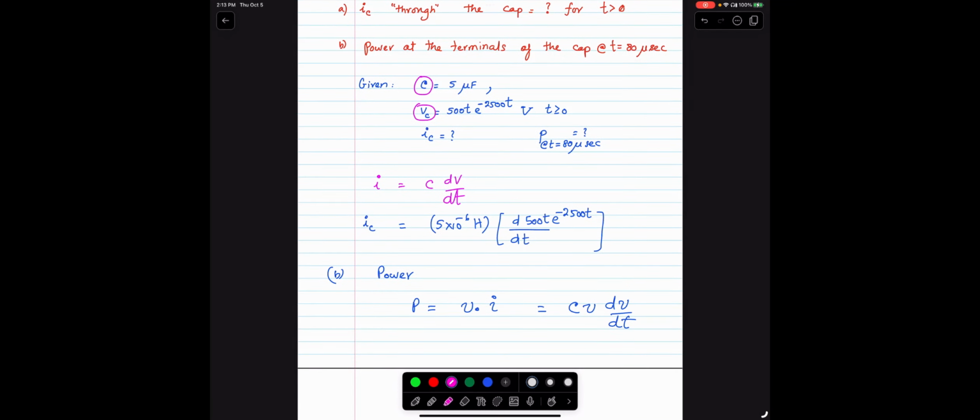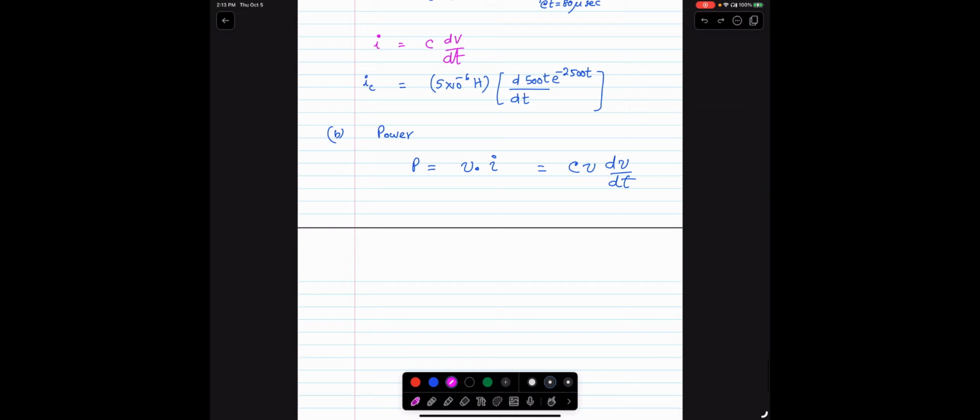An expression for V is given. You should be able to calculate dV by dt. In reality, all of this in the pink is nothing but I. So you're multiplying I with V. You can use either of these formulas to calculate the power.